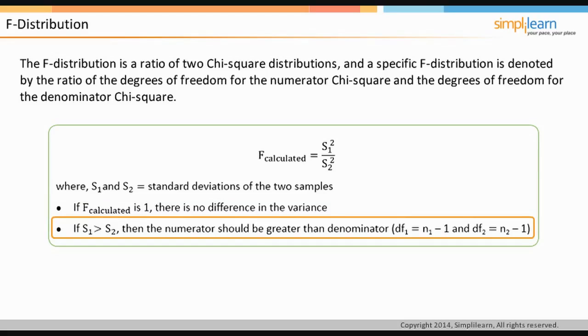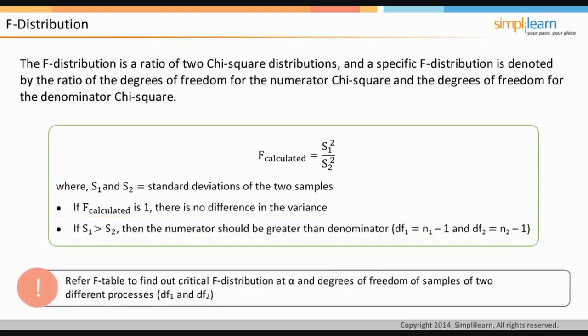In other words, df1 equals n1 minus 1, and df2 equals n2 minus 1. From the f-distribution table, you can easily find out the critical f-distribution at alpha and the degrees of freedom of the samples of two different processes, df1 and df2. Let us proceed to the next topic of this lesson in the following screen.